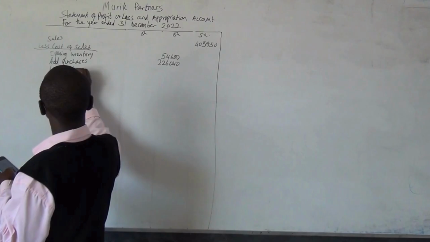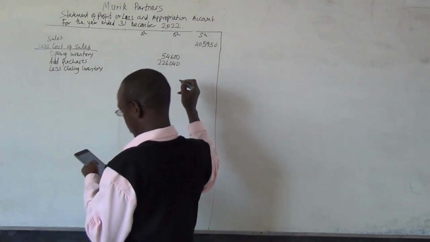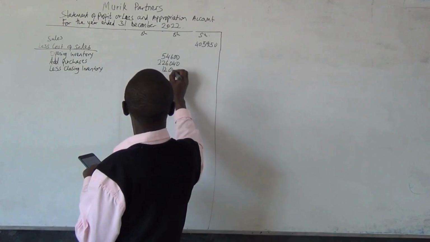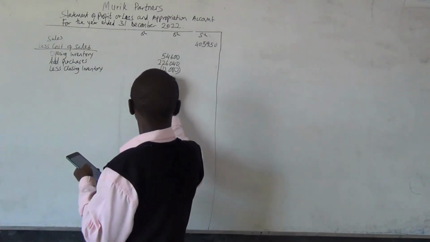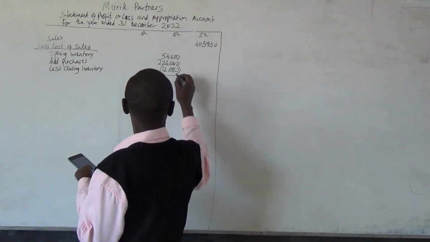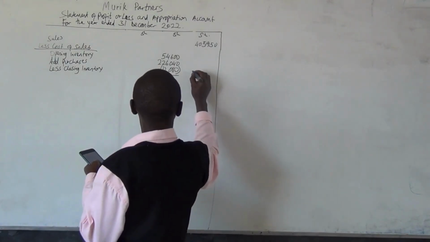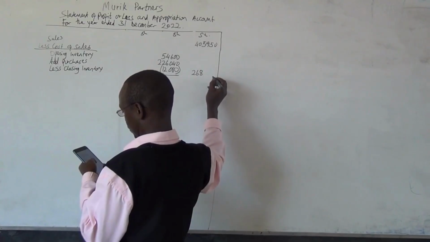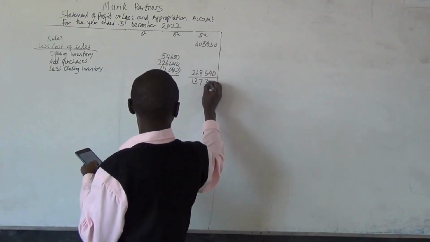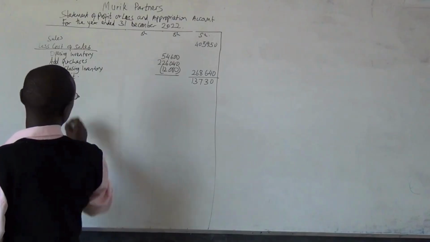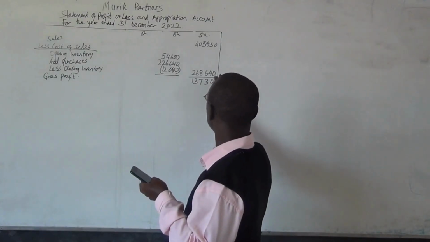Less closing inventory, 12,000, which we put in brackets. Then what you get here is the cost of sales. You end up with a gross profit of 137,310.